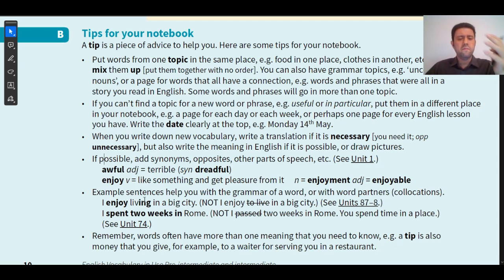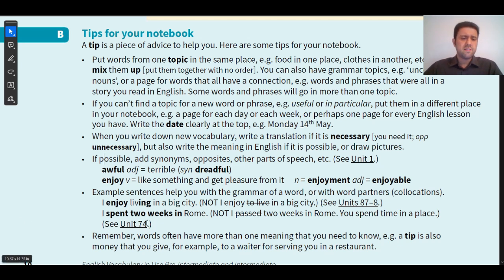If I use that verb with to, I enjoy to live, it means at the moment I just enjoy to live, but generally I do not enjoy it. But if you want to say that you generally enjoy, you have to say I enjoy living in a big city. So you need to use verb plus ing: live plus ing, living.